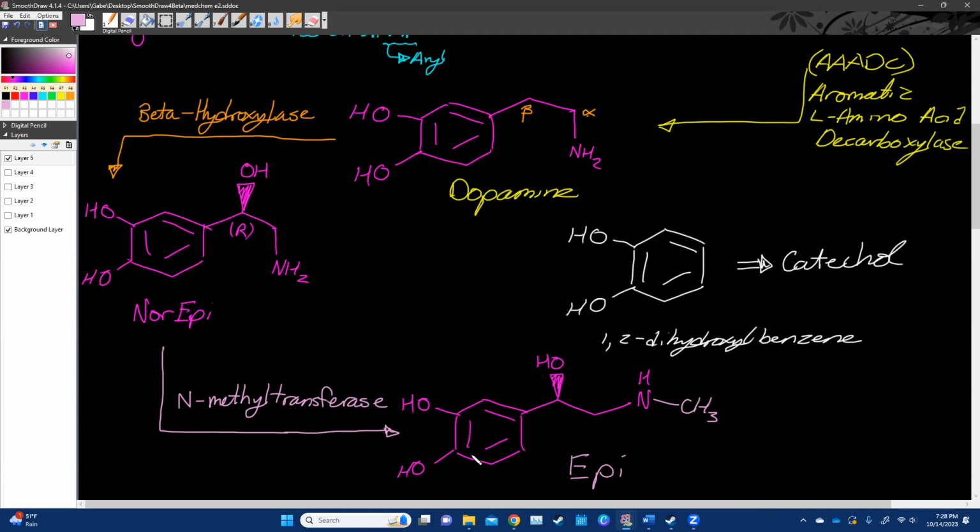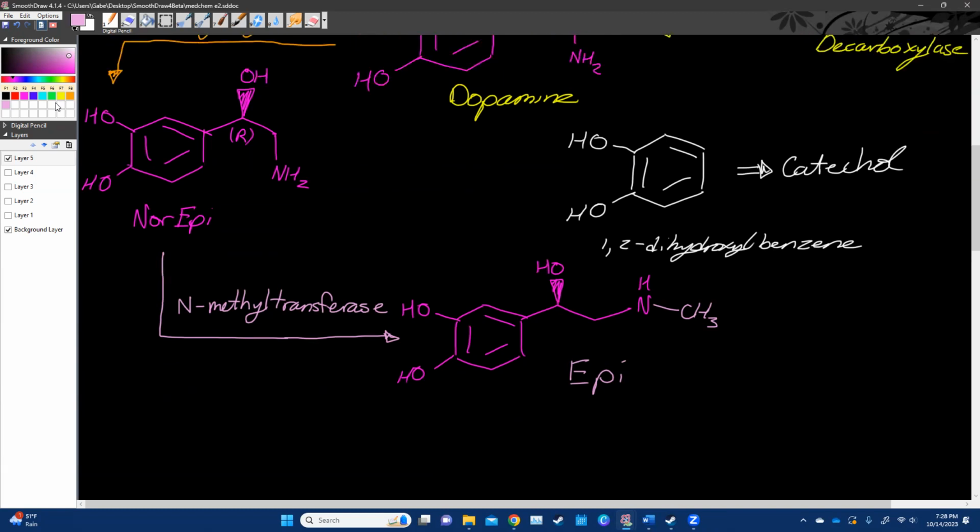Nothing to do with the catechol portion. So because of that, we get this crossover between norepi working on beta receptors as well as alpha, and epi working on beta receptors as well as alpha. And why there's some affinity one way or the other, but we have a bunch of crossover. It's just because we have a methyl group difference.